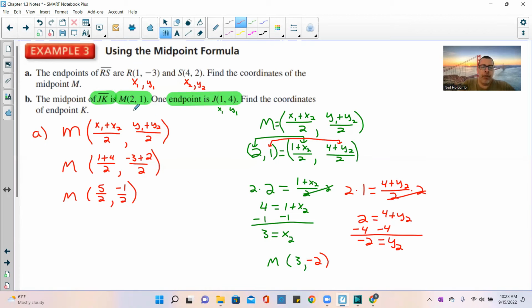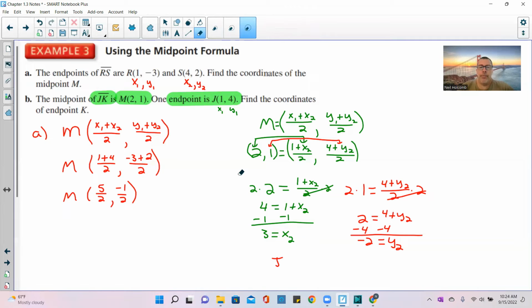Okay, so if I have segment JK, and its midpoint is 2, 1, and K is at 1, 4, then my other endpoint, it's not M, it is J. This is my J. J is 3, negative 2.